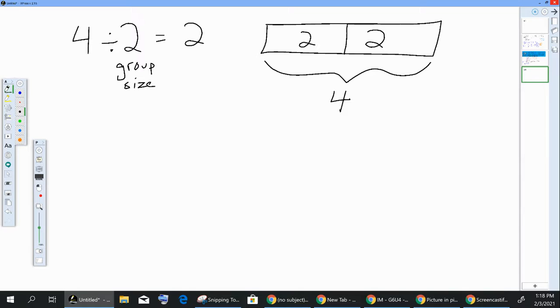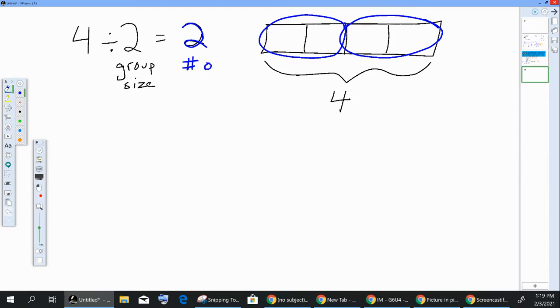Or another way to think about that is there's 4 total, and the group size is 2, so this is a group of 2, and this is a group of 2, so there are 2 groups of 2. Right, okay, and so really the answer in blue represents the number of groups in this case.